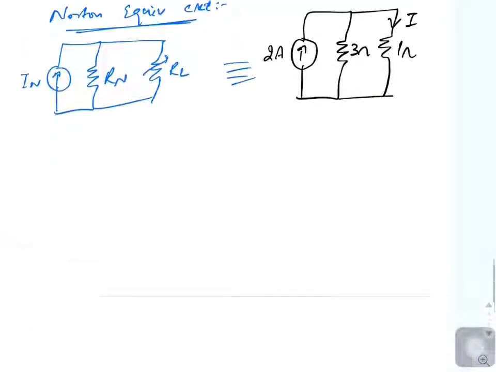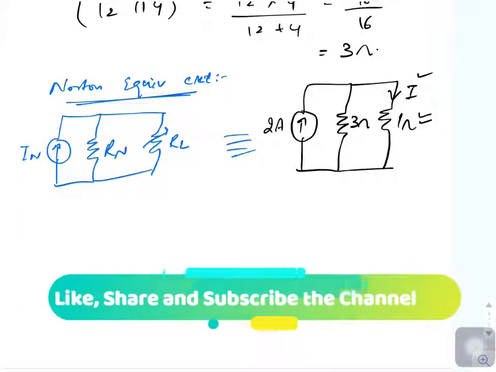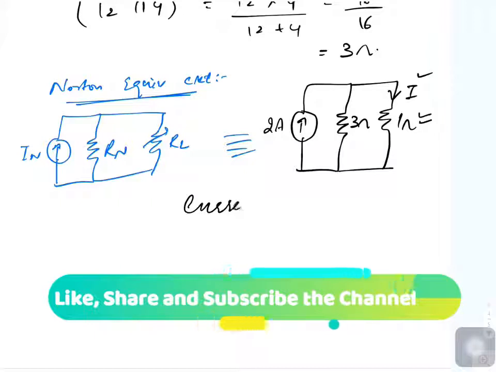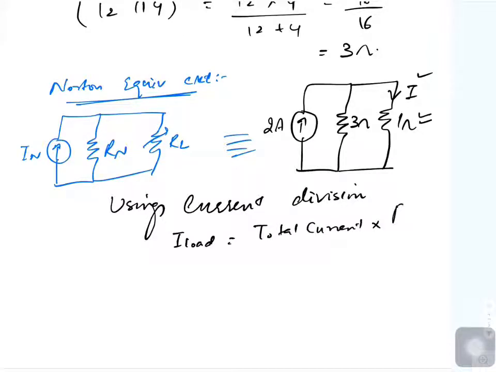So this load is now a part of the circuit, and this is current I. So I can use current division. So current across the load is equal to total current multiplied with other resistance divided by total resistance.